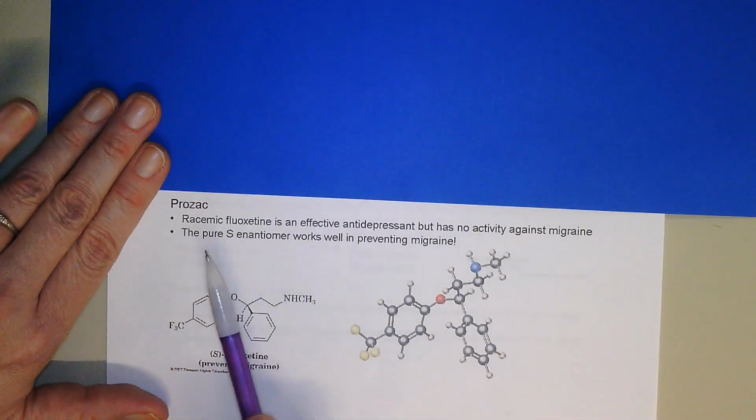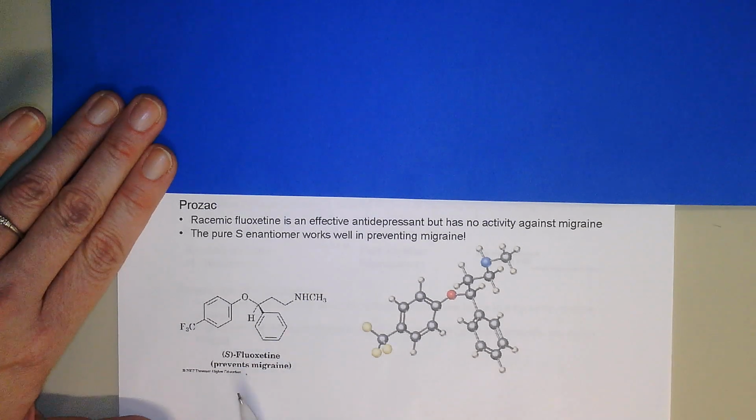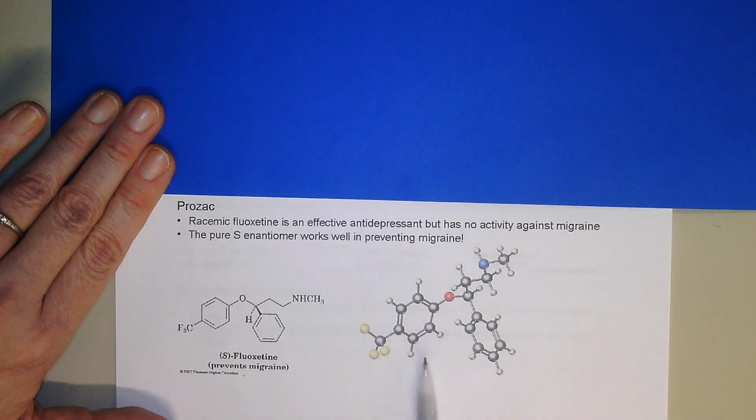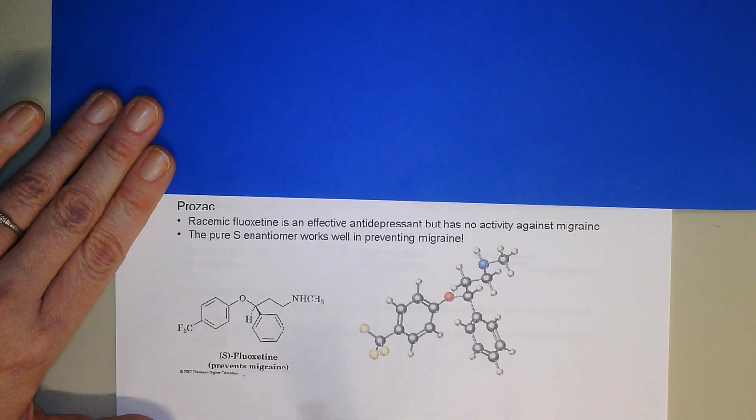Prozac. If you have heard of Prozac, it is an antidepressant. It actually has a bunch of different stereoisomers because it has a couple of different stereocenters.